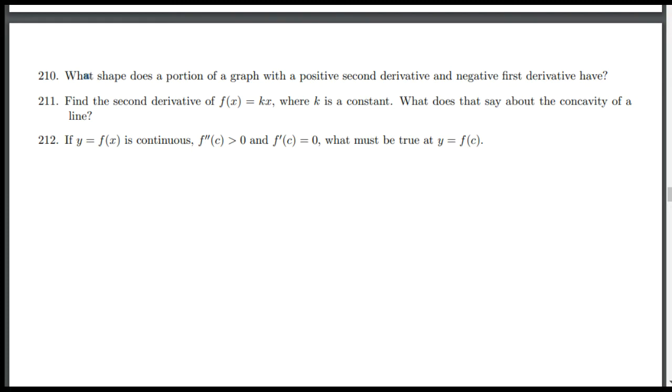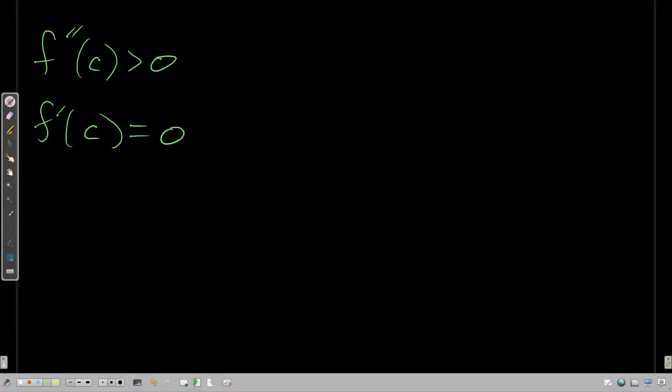Right at the x value C, so it would be the point C comma f of C. Okay, well, this just tells me that it's concave up, so it's upward shaped.